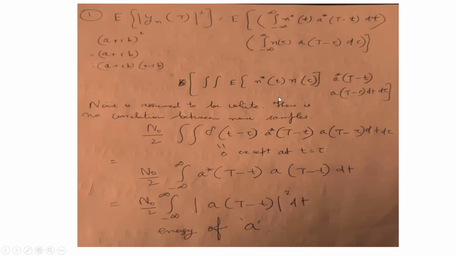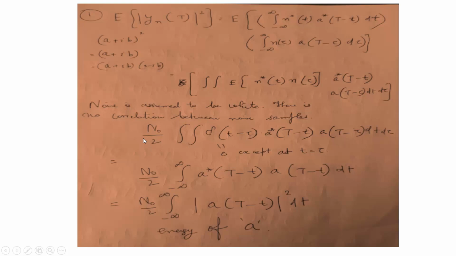That means this value, n*(t) n(tau), is actually 0 at all points except at t equal to tau. So we can replace this with delta(t minus tau) times the rest of the factor, and when the rest of the factor is multiplied with delta(t minus tau), we get a*(T minus t) a(T minus t), because tau goes away and we get only one variable t.